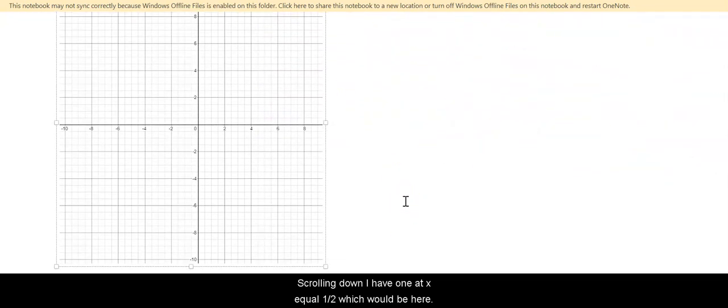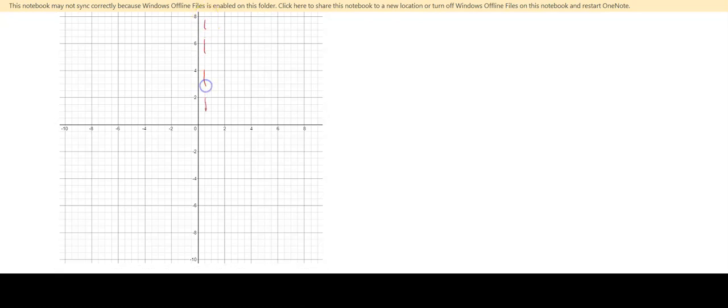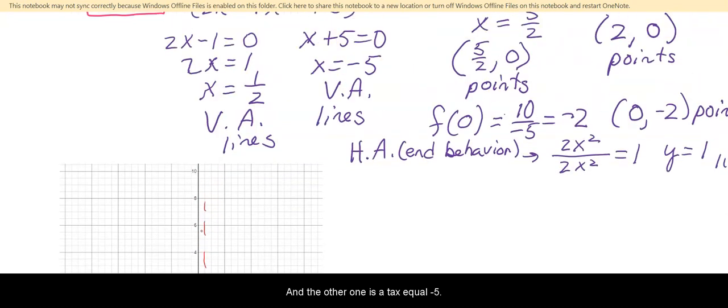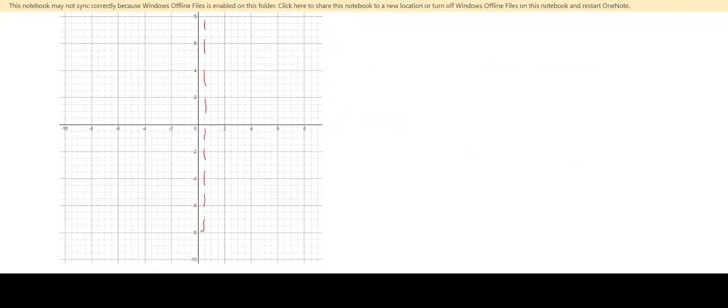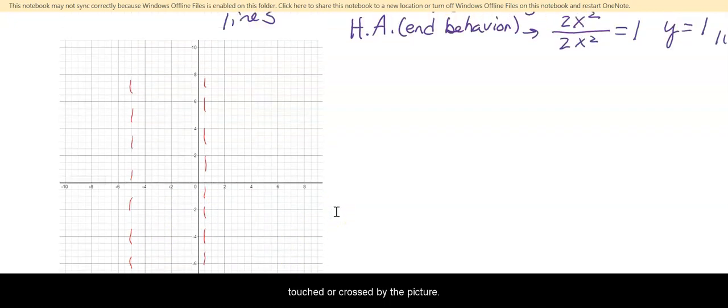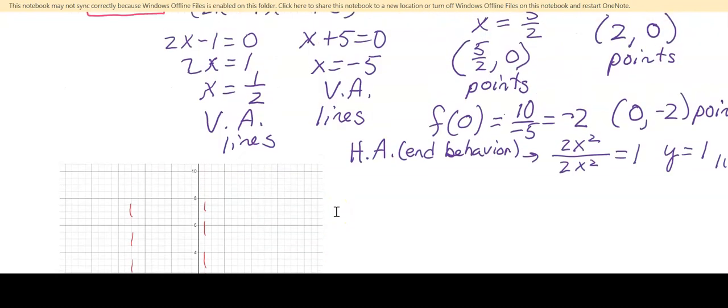Scrolling down, I have one at x = 1/2, which would be here, and the other one is at x = -5, which is halfway between my -4 and -6. Vertical asymptotes are dashed lines that cannot be touched or crossed by the picture.